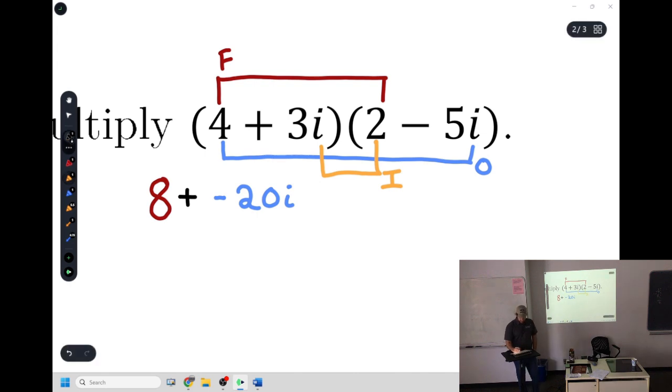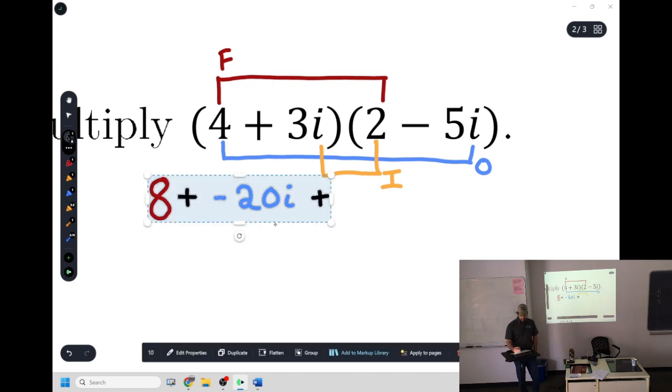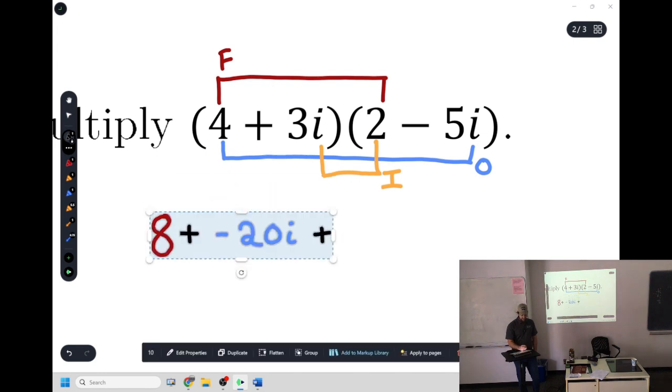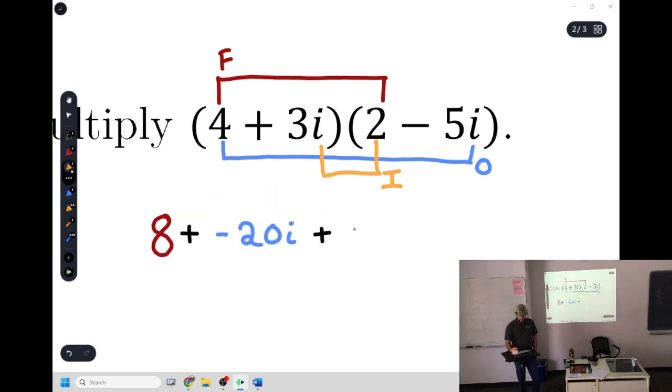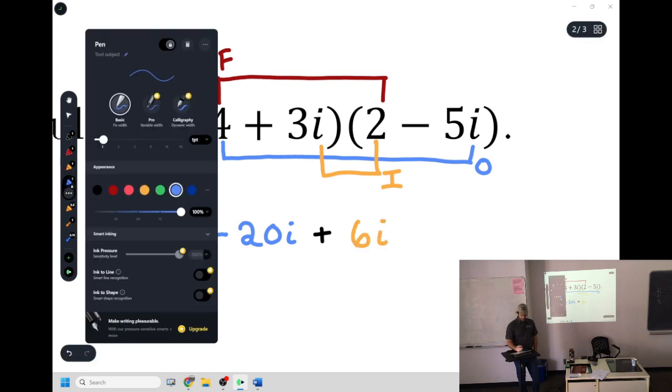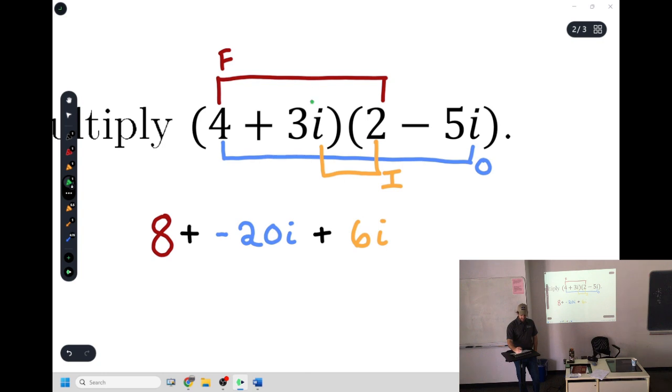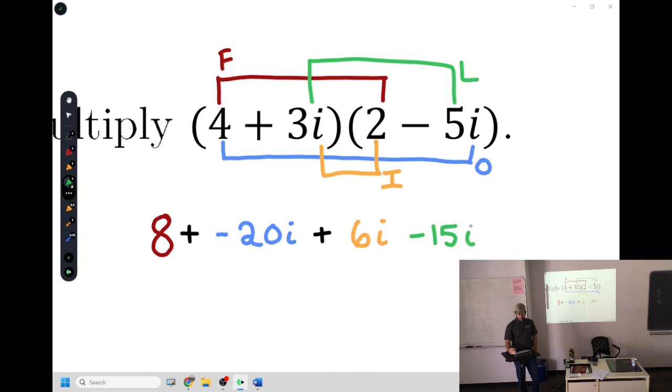Oh, I forgot my plus sign. My non-colored plus sign, because it's not being affected by the actual multiplication itself. Plus 6i. And then I'm out of colors. Green. Last but not least. Minus 15. Oh, I told you that was going to come back to bite us.